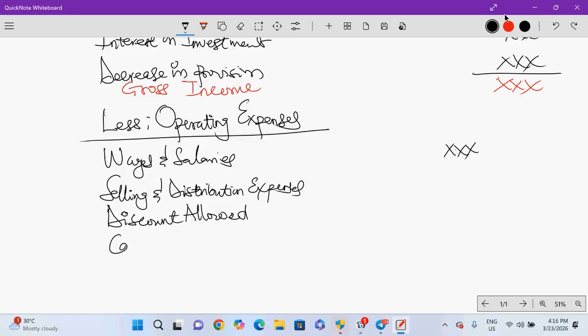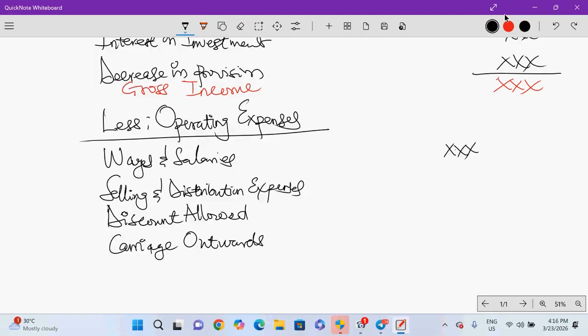Carriage outwards. What is carriage outwards? Someone said it is the cost incurred on sending goods back to the supplier.